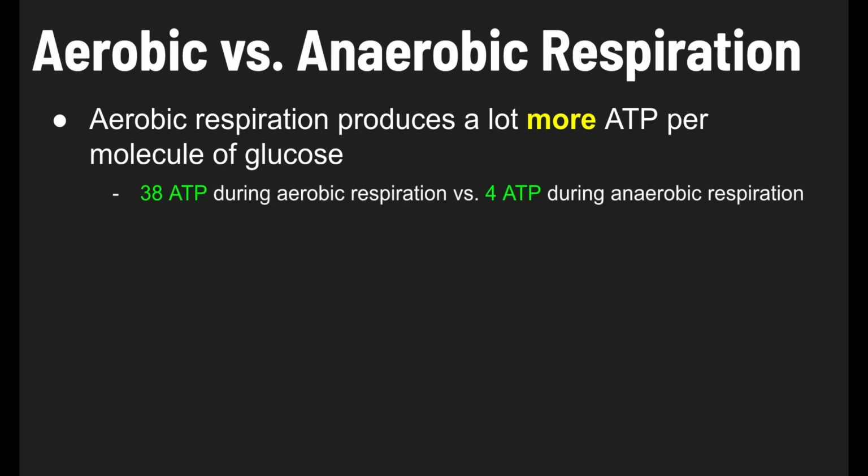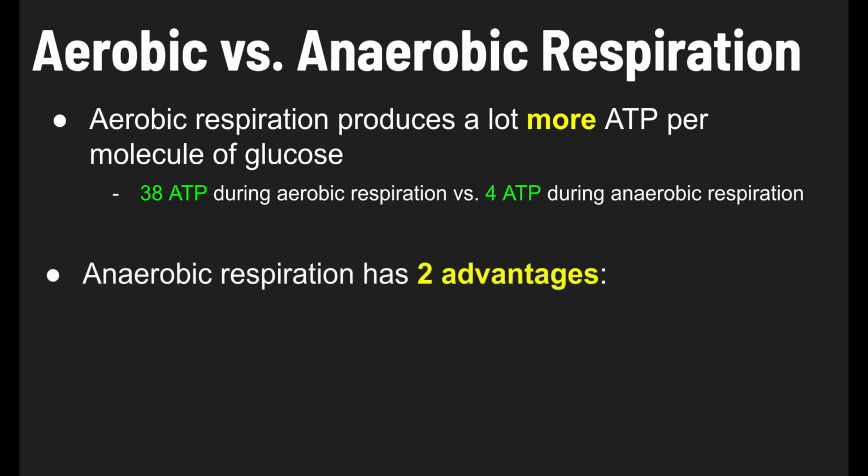So during aerobic respiration, 38 ATP are produced, whereas during anaerobic respiration, only 4 ATP are produced. So way more energy gets produced during aerobic respiration. However, anaerobic respiration has two advantages in its favor.